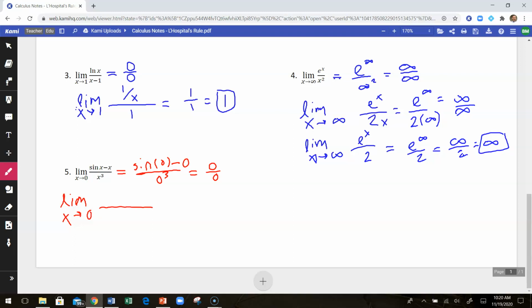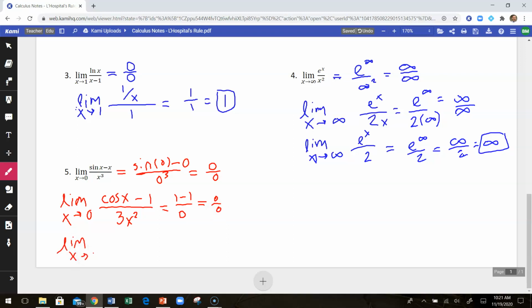The derivative of the top, the derivative of sine is cosine, so I have cosine of x minus the derivative of x, which is 1, and on the bottom 3x squared. If I plug in 0 there, the cosine of 0 is 1, so on top I get 1 minus 1, and on the bottom I get 0. So again I get 0 over 0, so I'm going to use L'Hopital's rule again.